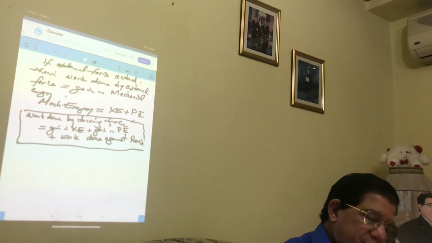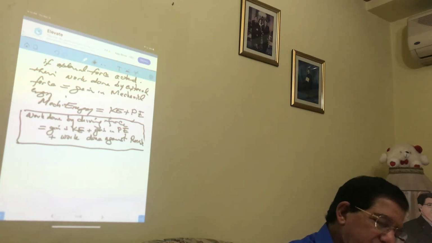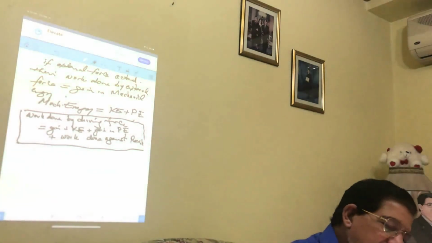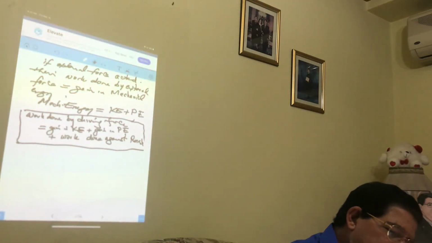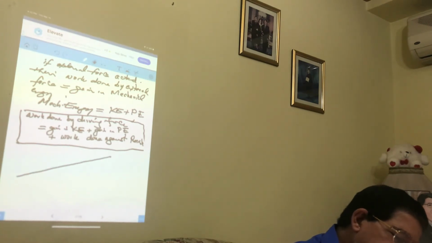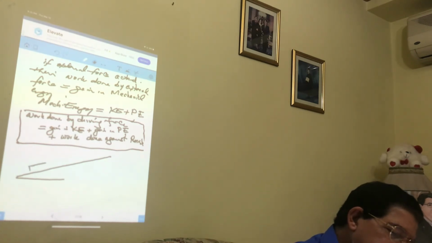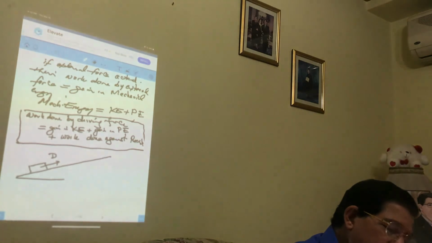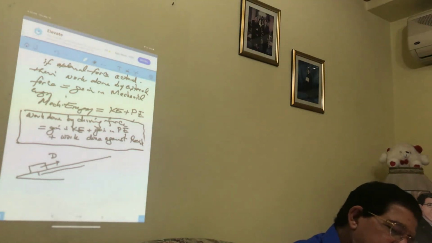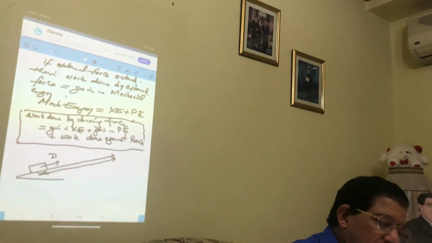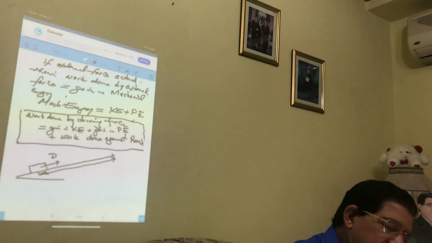For example, a body moves up a slope. This is the body, acted upon by a driving force D. The body moved up a distance on the plane. That distance is d.